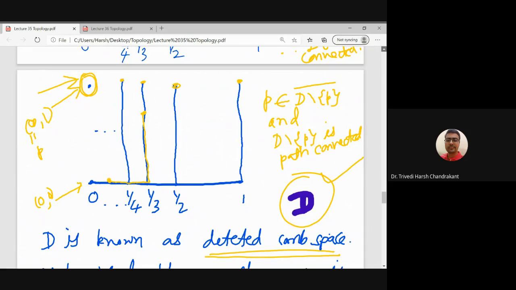So here on the y-axis we are removing all points from the origin to the point (0, 1), all the points in between them. We want to check whether this deleted comb space is connected or whether it is path connected.